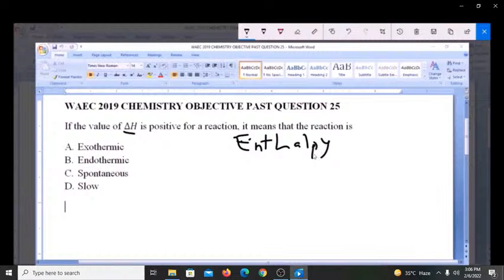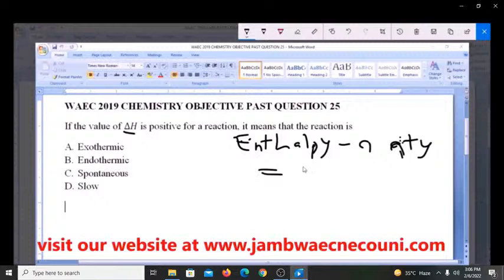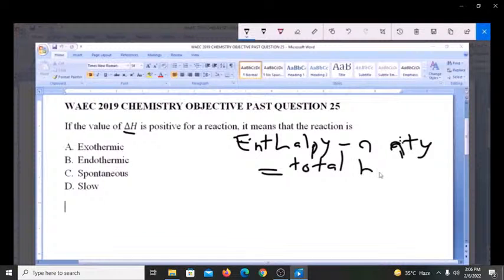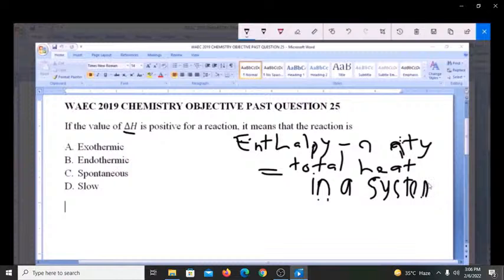And this enthalpy is a thermodynamic quantity which can be referred to as the total heat, or the total heat content of a system. So that is what delta H stands for.